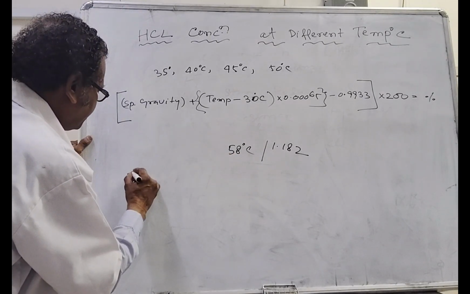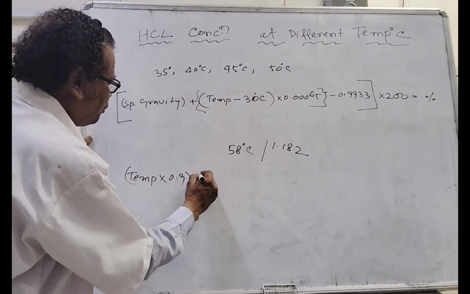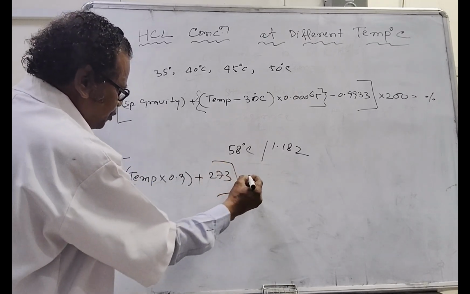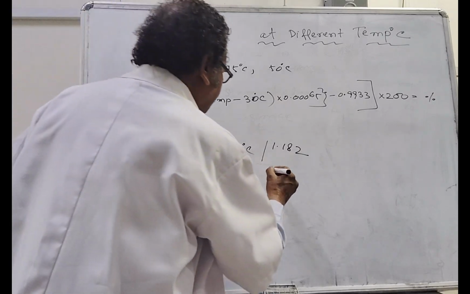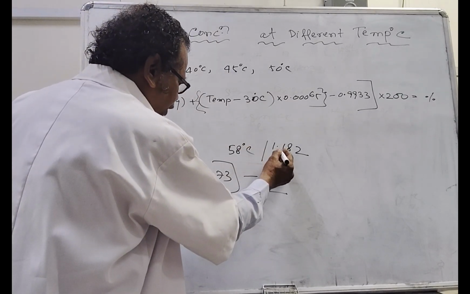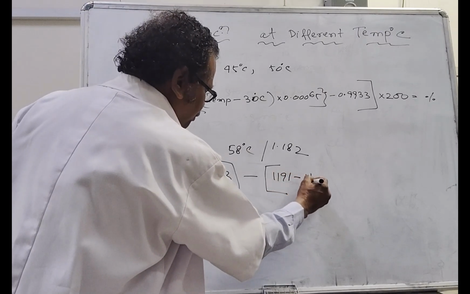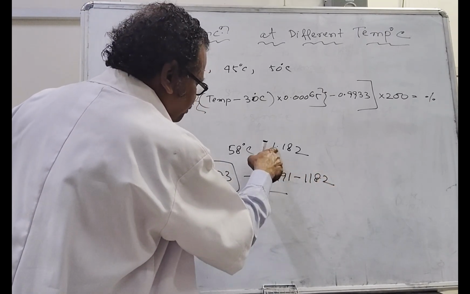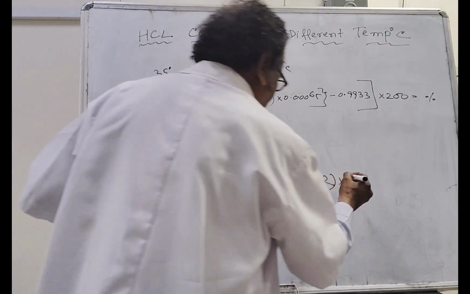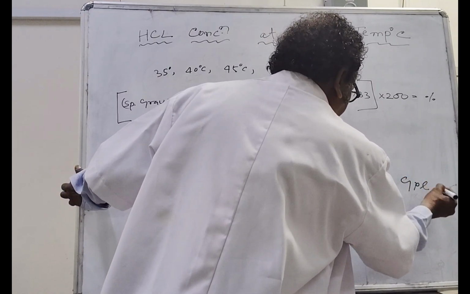Temperature into 0.9 plus 273 is one part. Minus, in place of the point we will take full digits, 1191 minus 1182. Here this point you will not count. And into 1.75. It is the GPL of the brine.